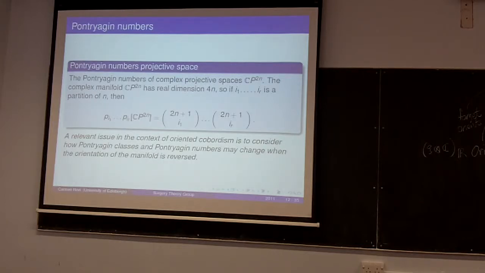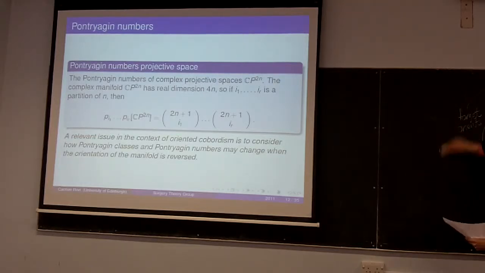You have the Pontryagin numbers of complex projective spaces, and that's a surprisingly neat formula that exists for computing them. And a very relevant issue in the context of finding Cobordism groups, particularly oriented Cobordism groups, is to consider what happens when the orientation of the manifold is reversed.